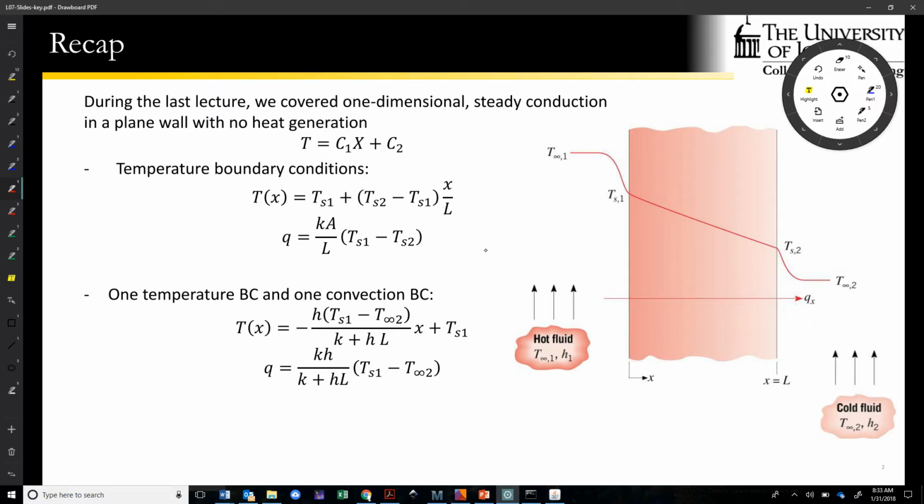Okay, so this is important that both Q and its counterpart, the heat flux, Q double prime, is also a constant, equal to k over L times (TS1 minus TS2).